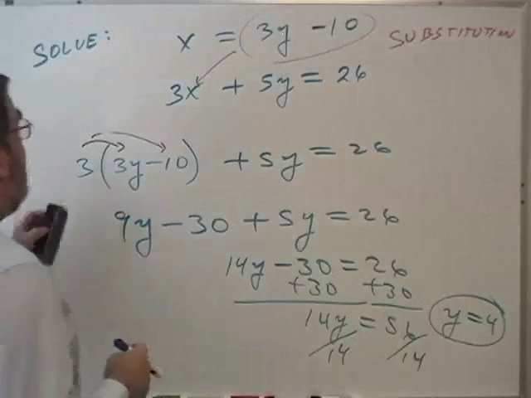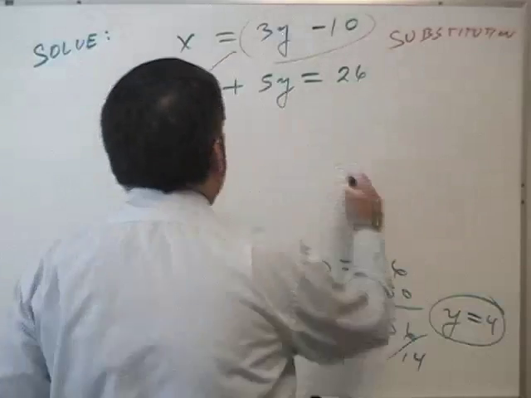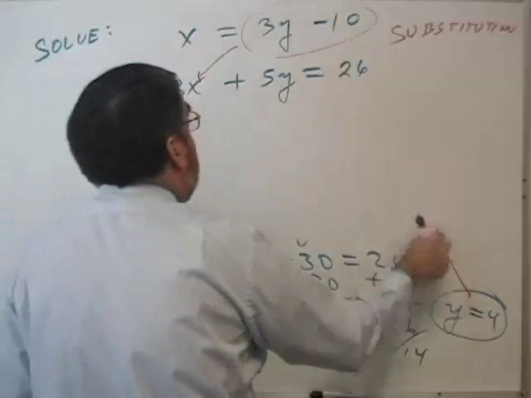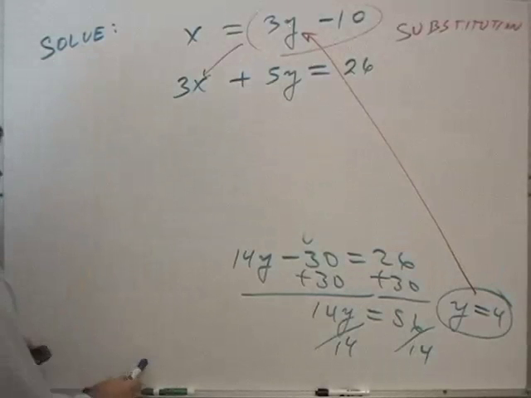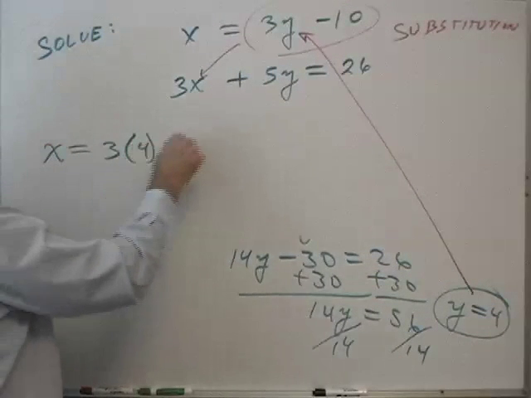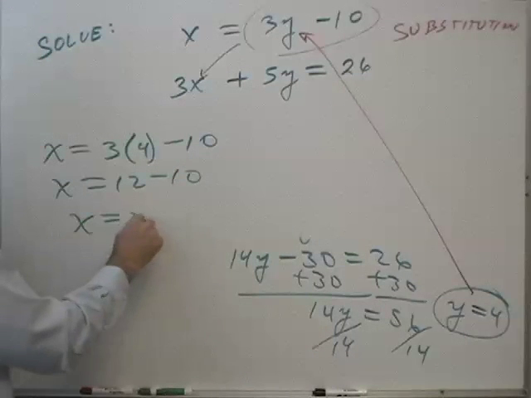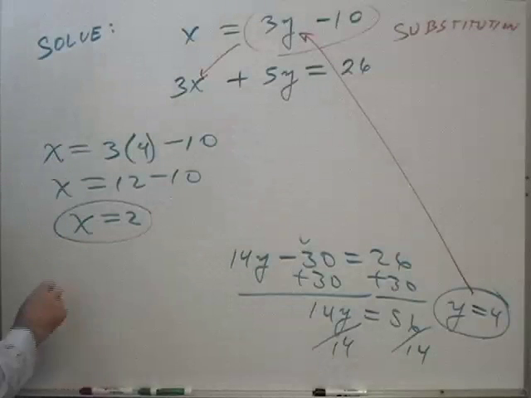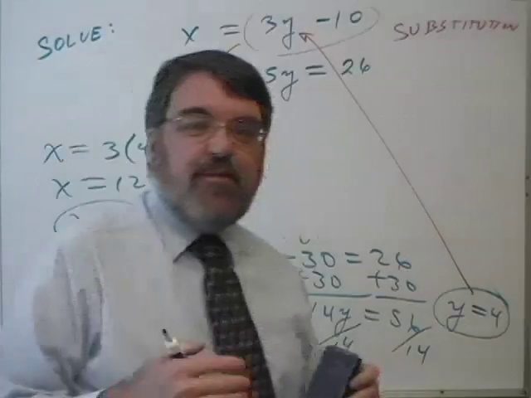So it would be faster if I replace y with 4 in the first equation. x equals 3 times 4 minus 10. x would be 12 minus 10, or 2. So I have an answer. 2 comma 4 is what I believe is the solution to this problem.